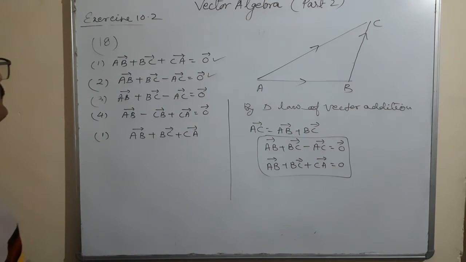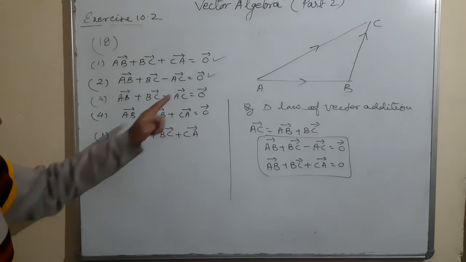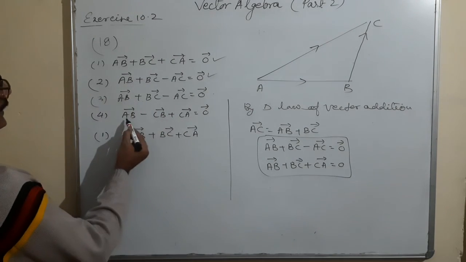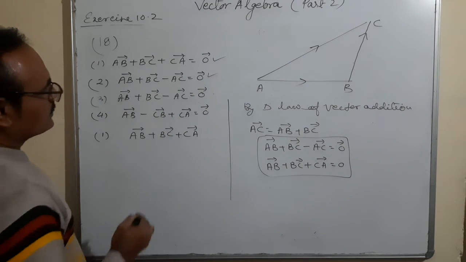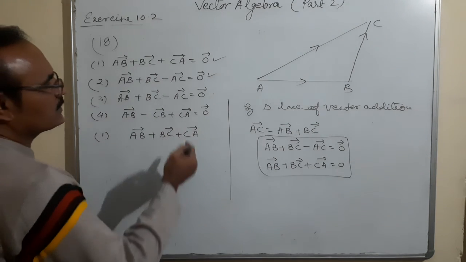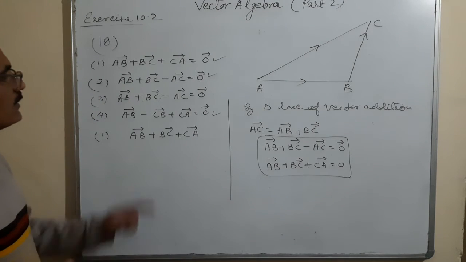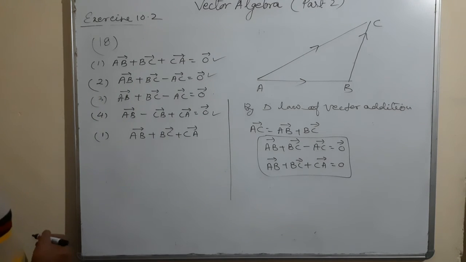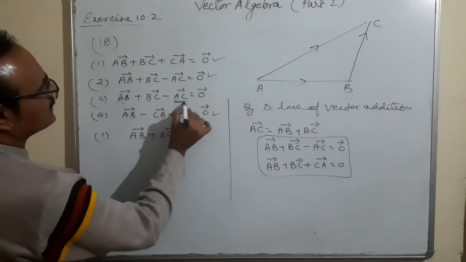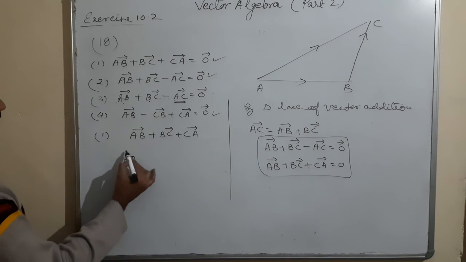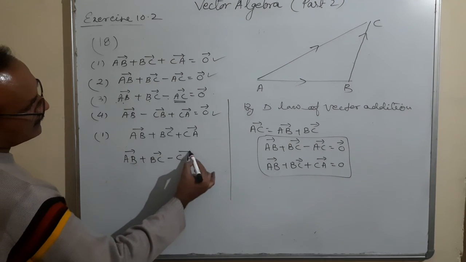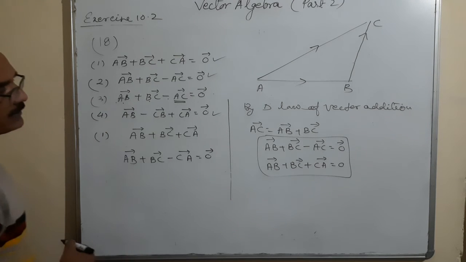Second is also true. Let us see, AB minus CB. When we change it to BC, it is AB plus BC plus CA is equal to 0. That is also true. The second part is AB plus BC minus CA, which is given as equal to 0 vector.